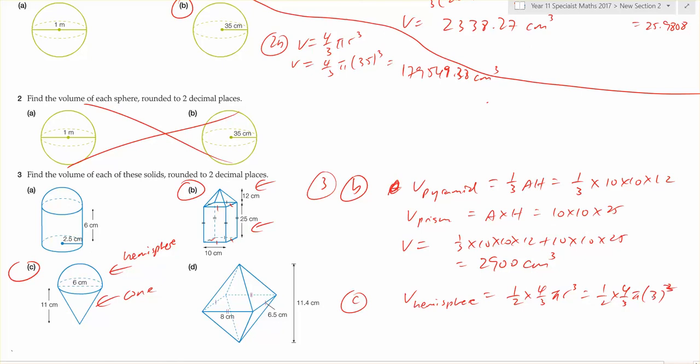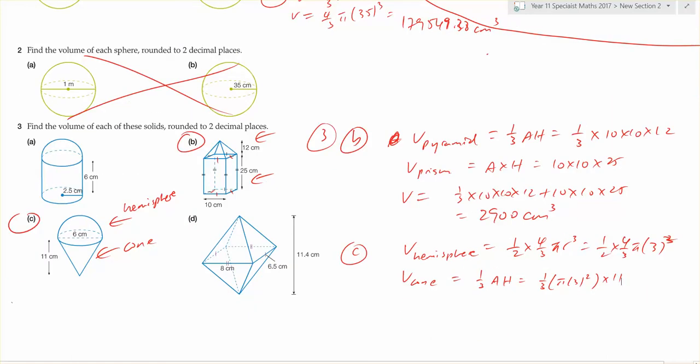The volume of a cone is a third times the area of the circle, or the base, times the height. So a third, the area of the circle is pi r squared, pi times 3 squared, times the height, which is 11. Overall, the volume of my whole shape would be V equals a half times 4 on 3 pi 3 cubed, plus a third pi 3 squared times 11.